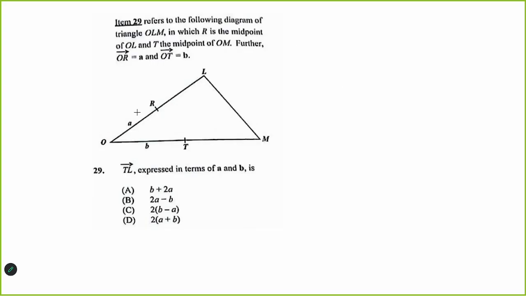For 29, this is a vectors question. It refers to the following diagram of a triangle OLM in which R is the midpoint of OL, and T is the midpoint of OM.